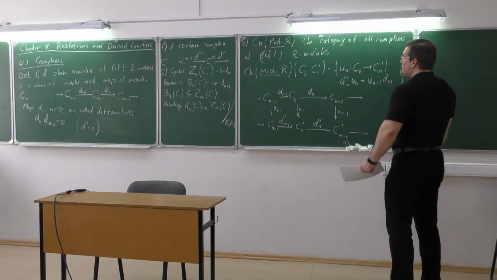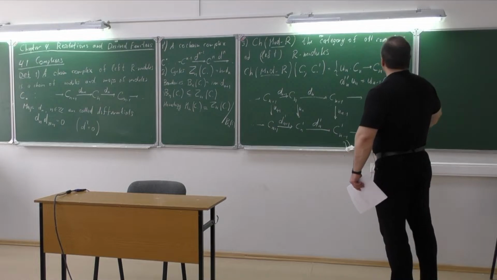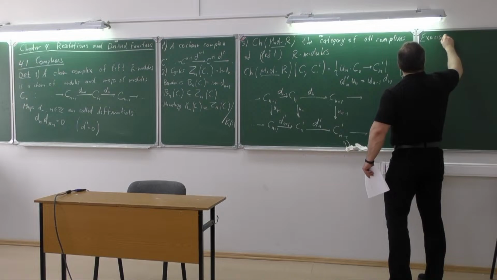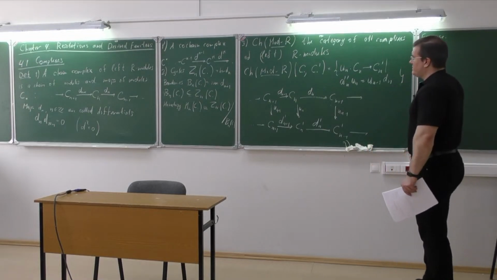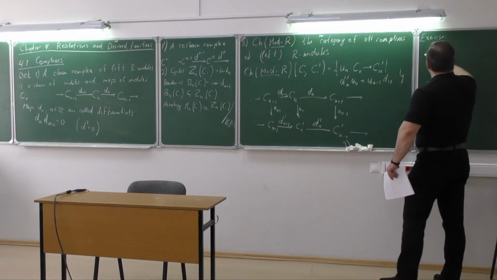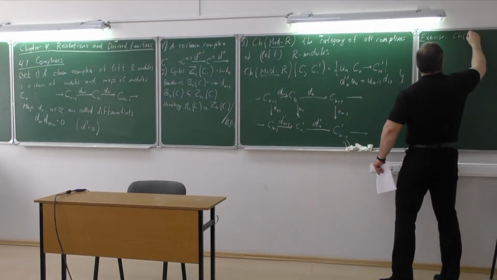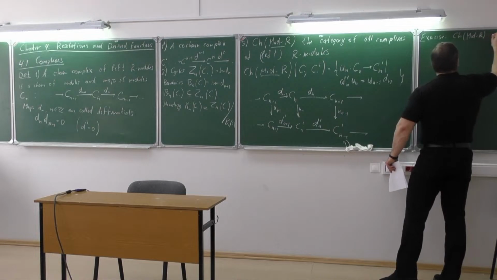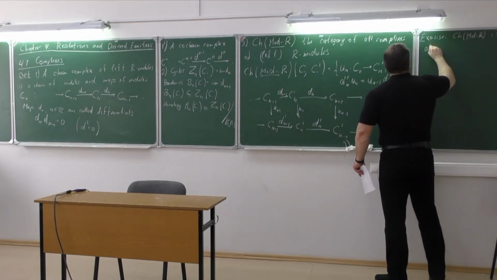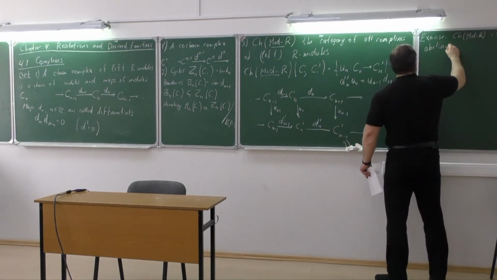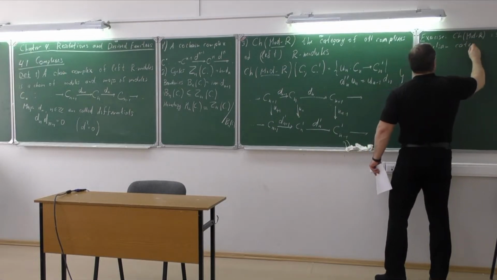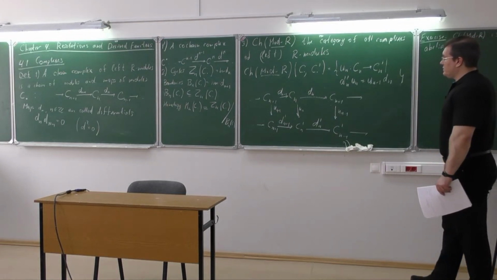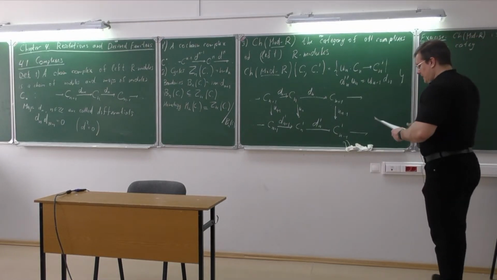So that's the definition of a category of chain complexes, and I'm going to leave as a little exercise, which is very easy, I think, to show that the category of chain complexes is an abelian category, just formally checking all the conditions in the definition of an abelian category. In this case, it's not very hard.